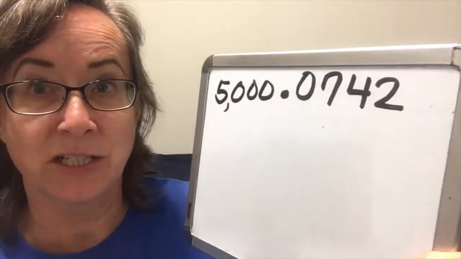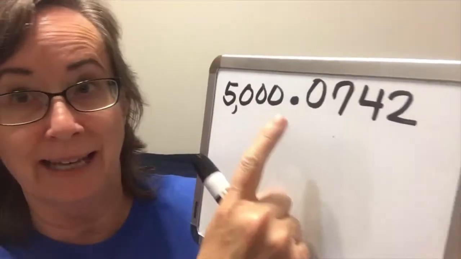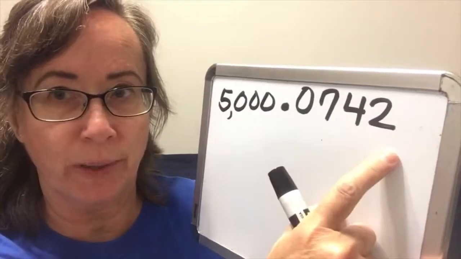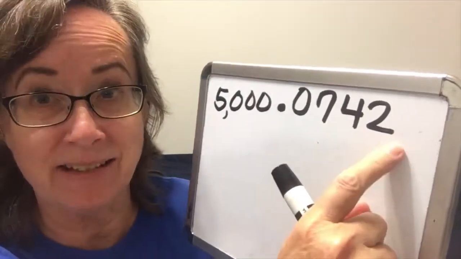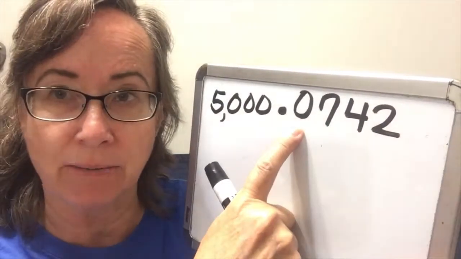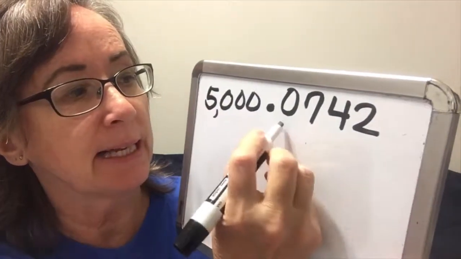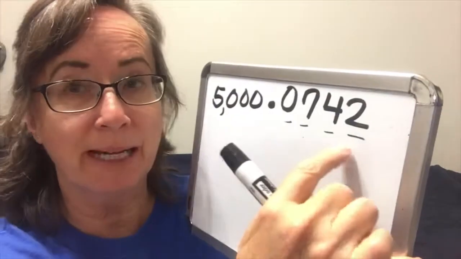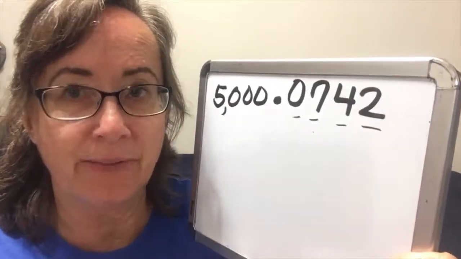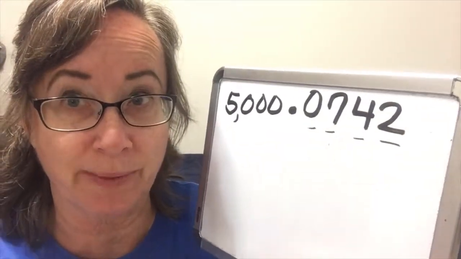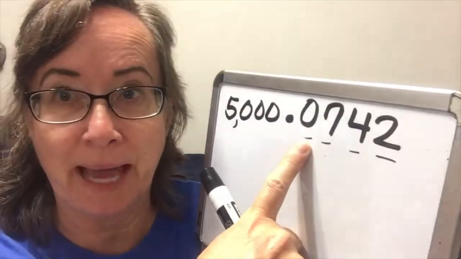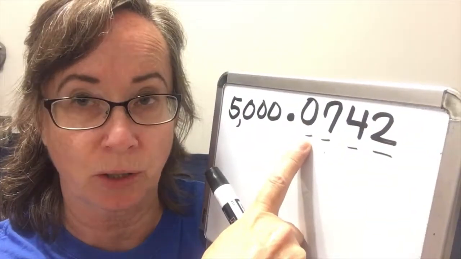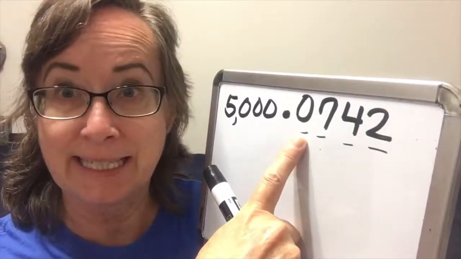Here is our finished number, 5,000 and 742 10,000ths. So I had to put a 0 to hold the spot, because tenths, hundredths, thousandths, 10,000ths place. My number has to end in the 10,000ths place, because that's what they said. So I end up having to put a 0 to hold the spot that is in the tenths place.